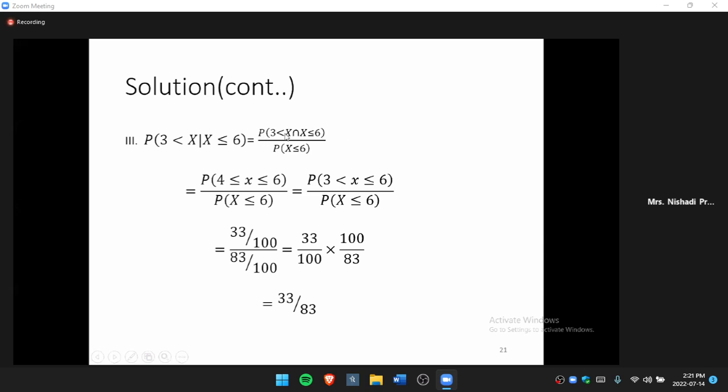X should be greater than 3 and also less than or equal to 6, so you need to consider the intersection. So what is the required probability? The probability P(3 < x ≤ 6). This one. Is that clear?